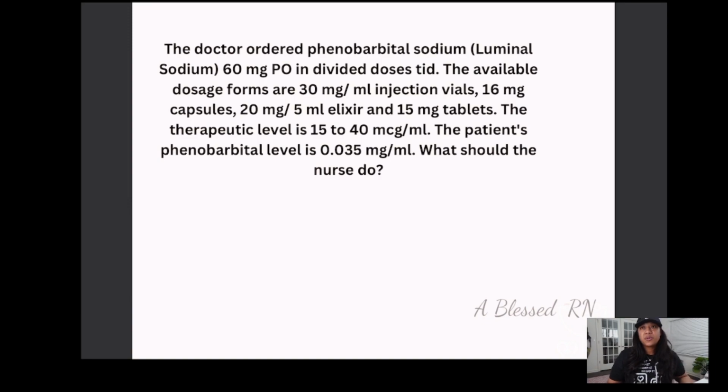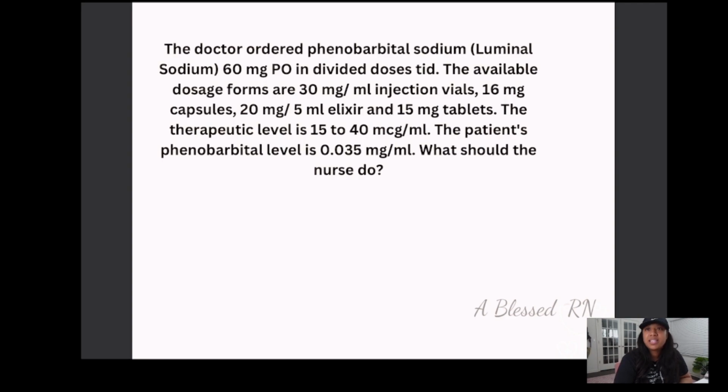The doctor ordered phenobarbital sodium, luminal sodium, 60 milligrams PO in divided doses TID. The available dosage forms are 30 milligrams per milliliter injection vials, 16 milligram capsules, 20 milligram per 5 milliliter elixir, and 15 milligram tablets.